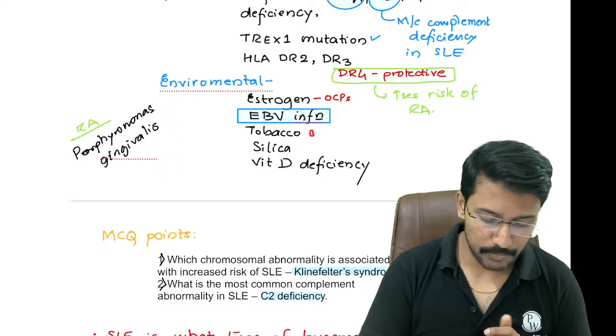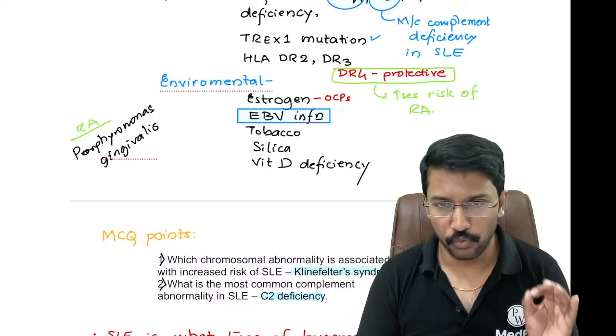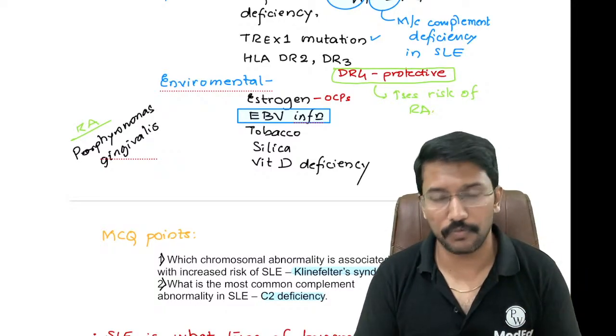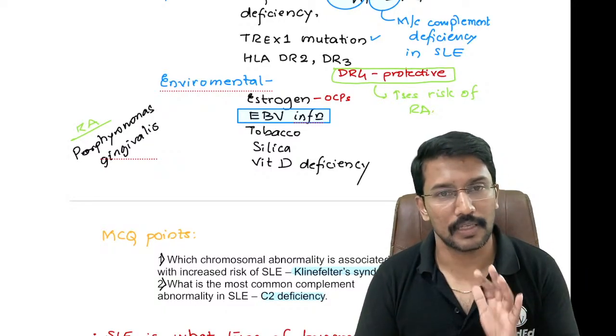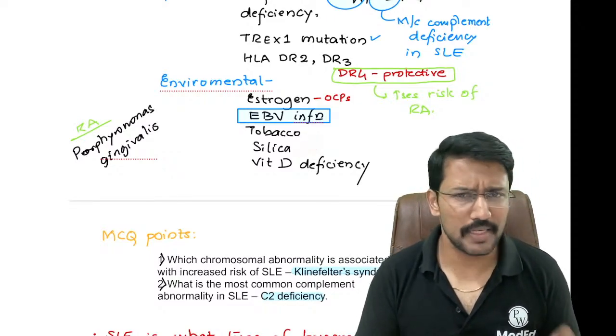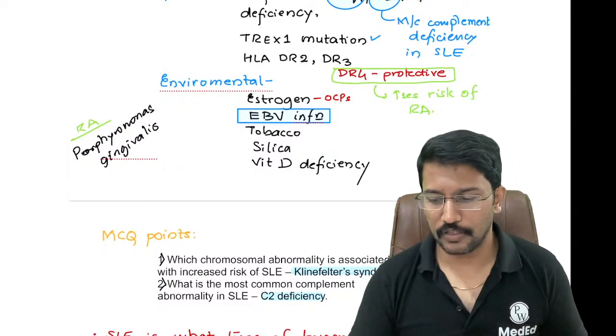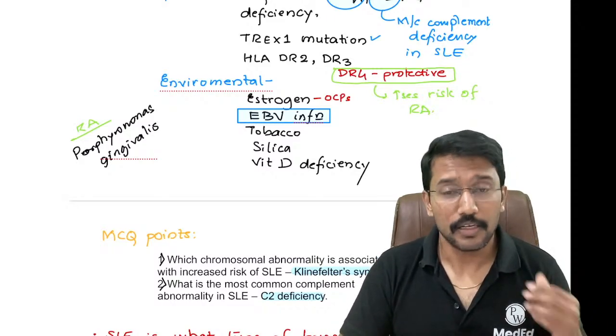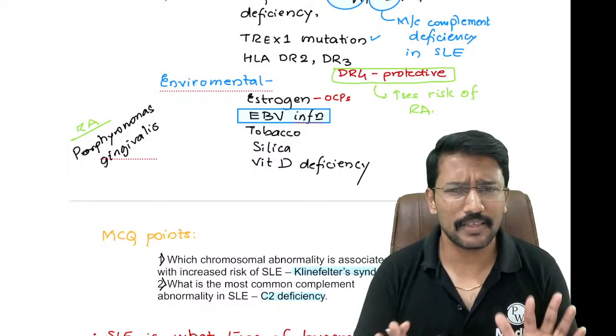Okay. Then consumption of tobacco in any form, whether smoking, chewing, or sniffing, is associated with increased risk of SLE. Then exposure to silica. Please remember, silica, as we all know, is an immunoadjuvant. What is an immunoadjuvant?